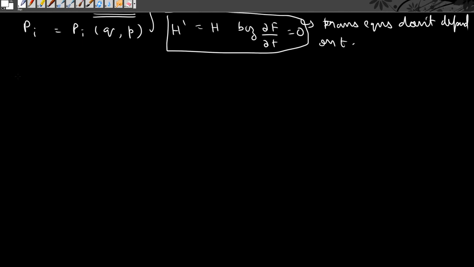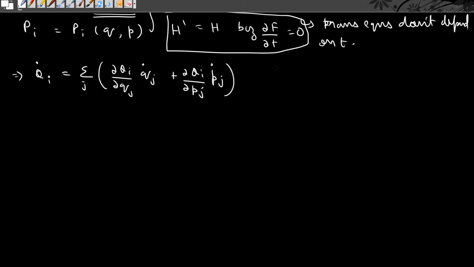So this implies that if I calculate Q_i dot, this is going to be the summation over j of dou Q_i by dou q_j times q_j dot plus dou Q_i by dou p_j times p_j dot.